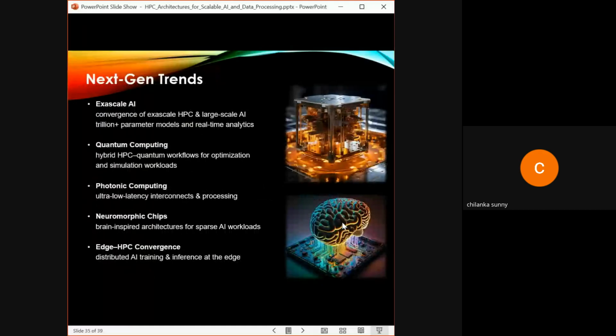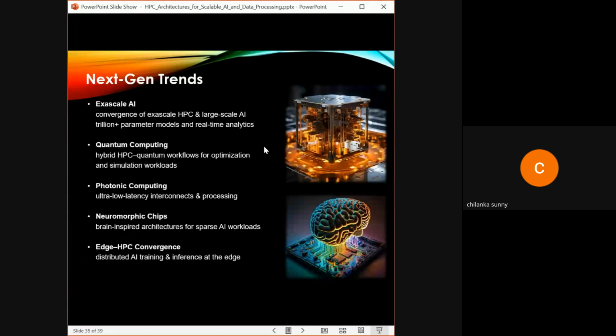So what is next? Looking ahead, HPC for AI is being shaped by several next-gen trends like exascale AI, such as Frontier and Aurora, which provide enormous computational power, enabling near real-time training of massive AI models on huge data sets, which is critical for applications like scientific simulations and LLMs.